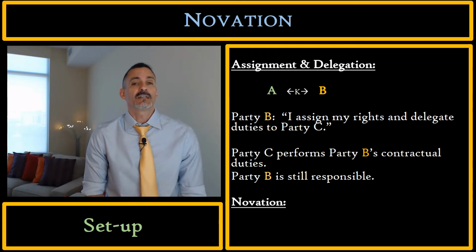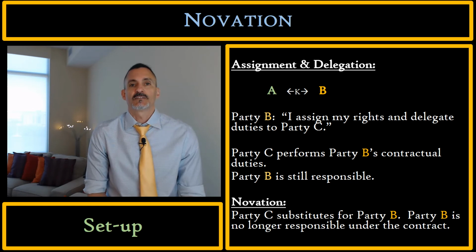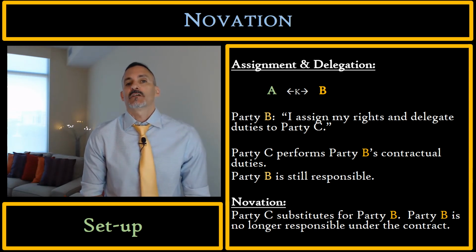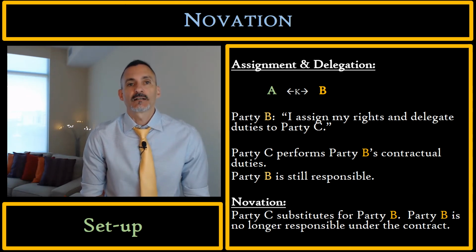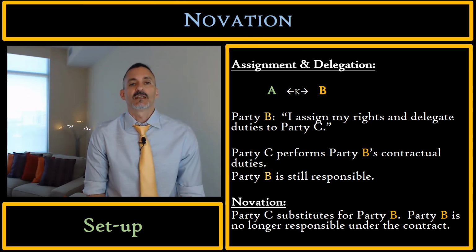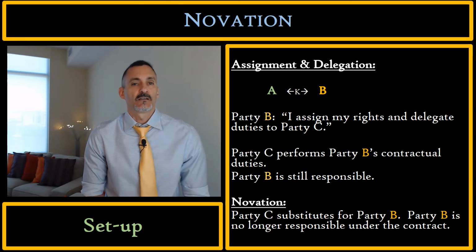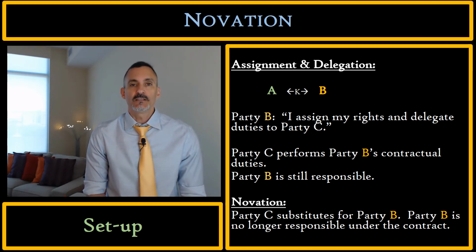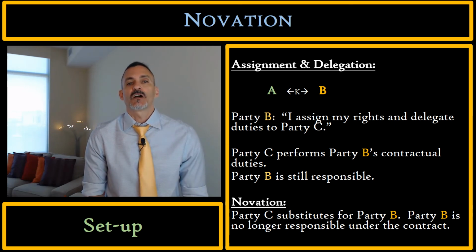But a novation is different. A novation is a situation where Party C comes in and substitutes for Party B. In other words, Party B is no longer a party to the contract. Party C comes in and takes Party B's place. Under these circumstances, Party B will be relieved of her obligations under the contract.